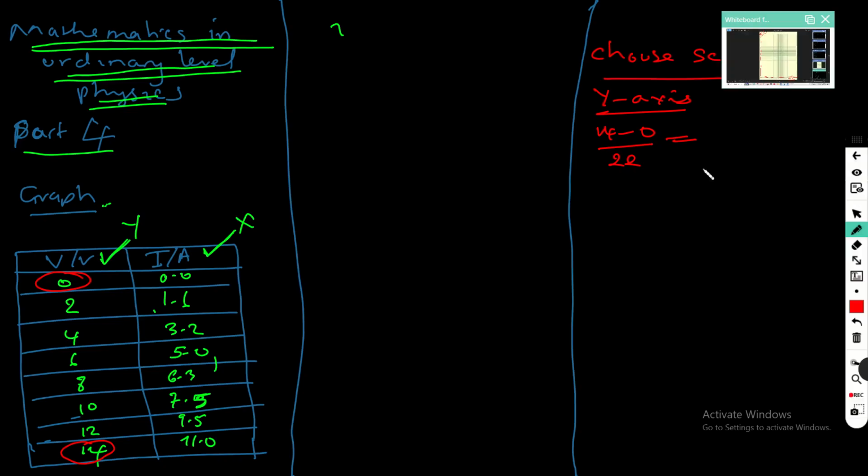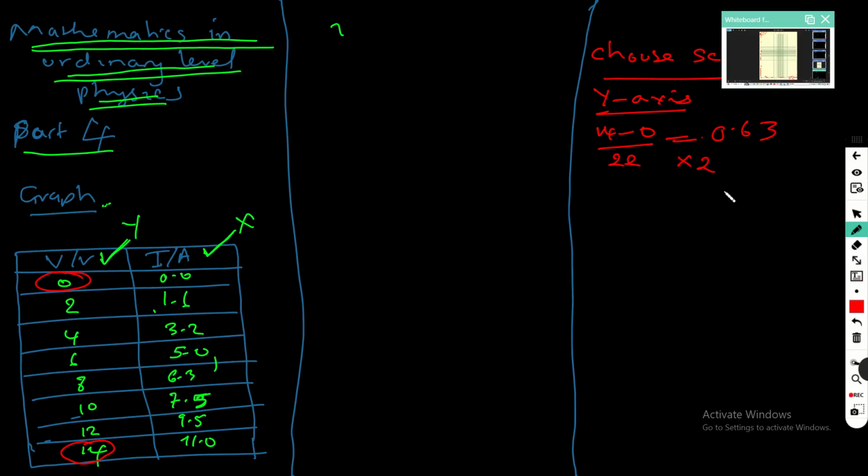So you have 0.63. Now, since we want to plot this graph, I want to ensure that the graph, or the line, should cover 3/4 of the page. You need to have a bigger range. So what do you do? To ensure that it covers 3/4 of the page, we have to multiply this number by 2.